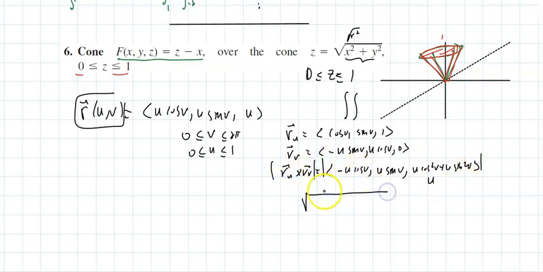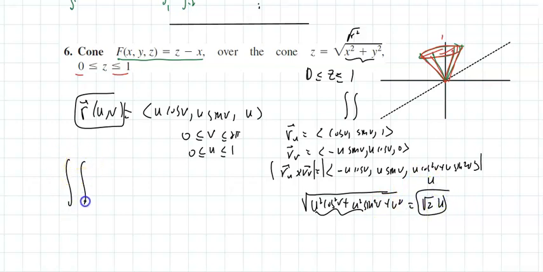And if I take the magnitude of that, I'm going to get the square root of u squared cosine squared of v plus u squared sine squared of v plus u squared. While you factor out a u squared, that's u squared plus u squared, square root of 2 u.